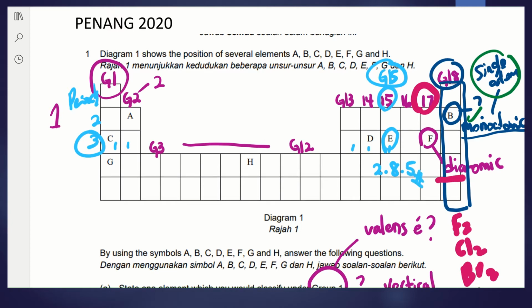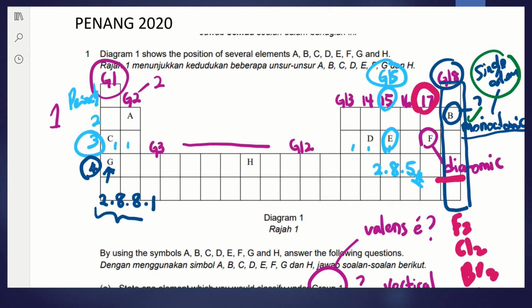5. If the question asks you the position of G, for G here, first we follow the first row, 2, the second row must fill 8 electrons, another 8 for period 3, and the last row for period 4, where G is here, so 1.